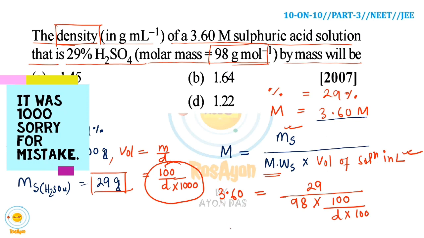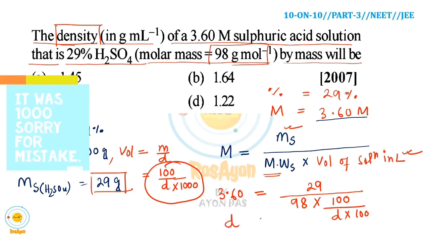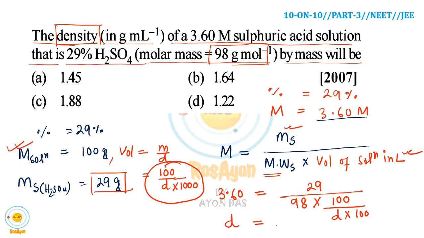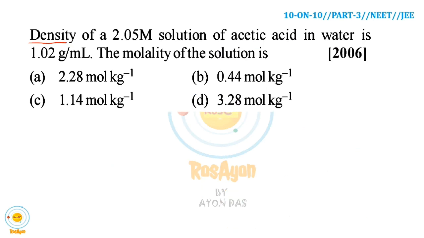Now here you calculate the value of D, that is equal to 1.22. So the right answer is 1.22. Okay, see the next problem.